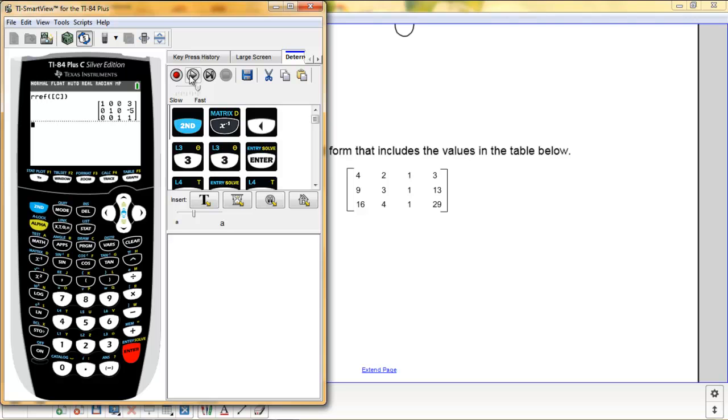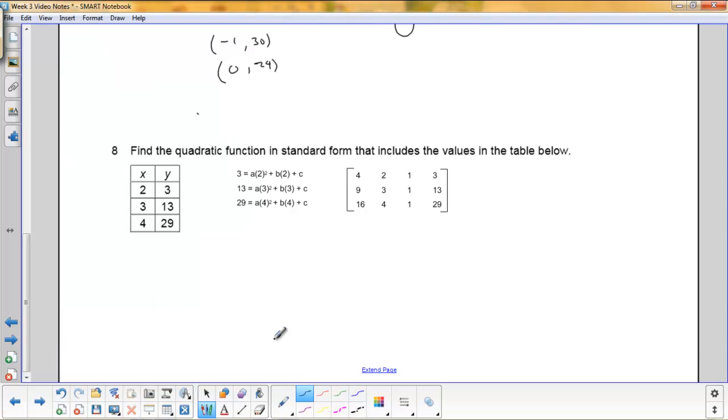The first position is A, the second position is B, and the third position is C. So that gives me an equation of y equals 3x squared minus 5x plus 1.